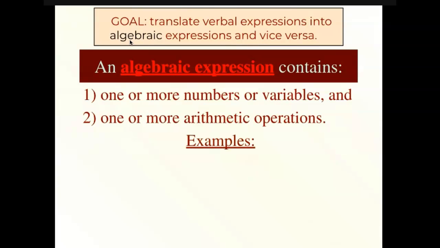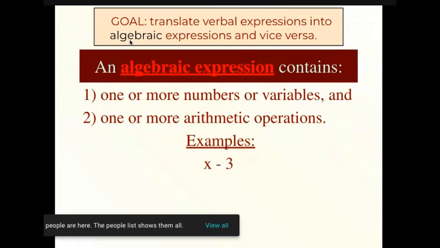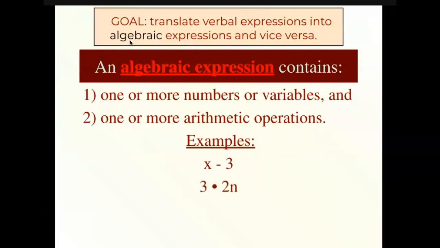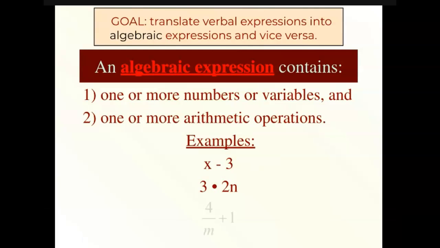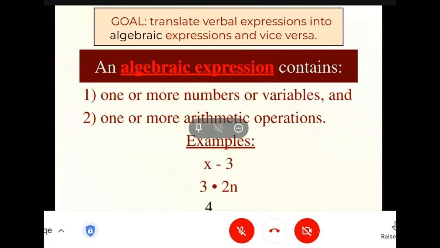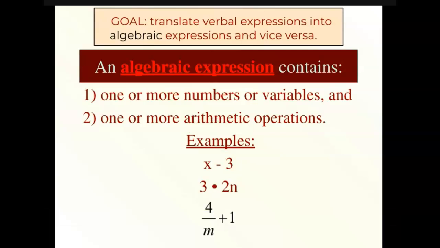And examples can be x minus 3. It could also be 3 dot something. What does that dot represent? What does the dot represent? Multiplication. It represents a multiplication sign. So 3 times 2n. Or it could be 4 over n plus 1.